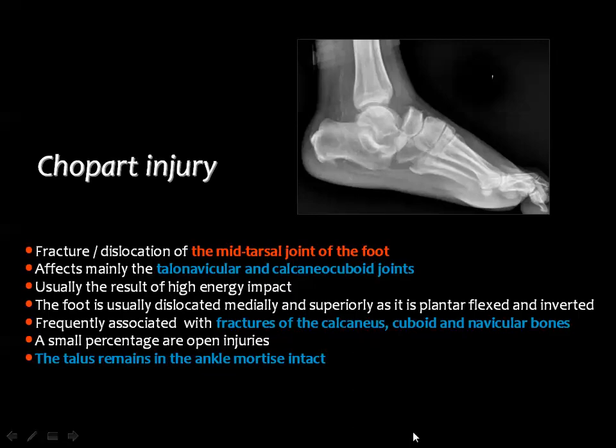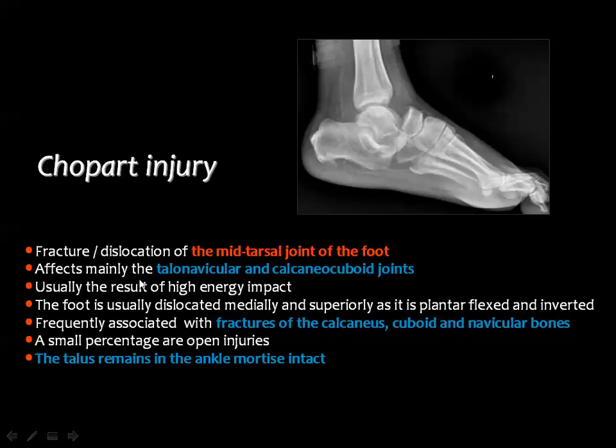Then we come to the second type of injury, which is known as Chopart injury, affecting the midtarsal joint of the foot. And this will result in dislocation of the talonavicular and the calcaneocuboid joints. It's important to know that this type of injury is better appreciated in the lateral x-rays of the foot than the frontal and oblique x-rays.